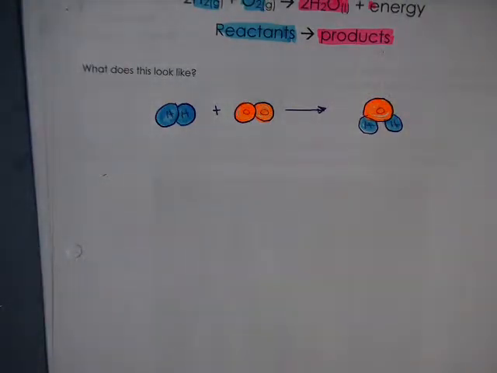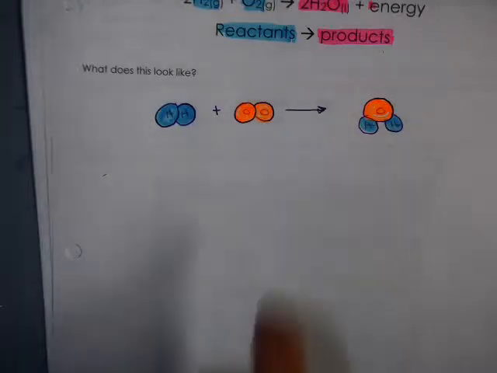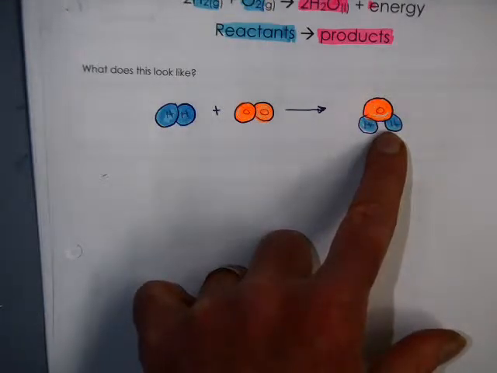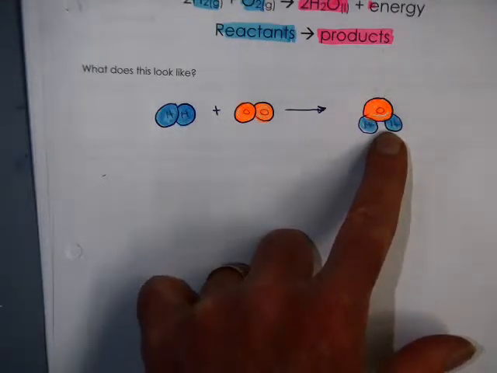I'll give you a hint: the law of conservation of matter says that you cannot create or destroy matter. Have I broken the law of conservation of matter here? I have. Why? There are two oxygens, because they're a duo, and in the H2O there's only one. So on this side I've got two oxygens, and on this side I've got one oxygen. I just broke the law of conservation of matter, which means this as it is, is impossible.